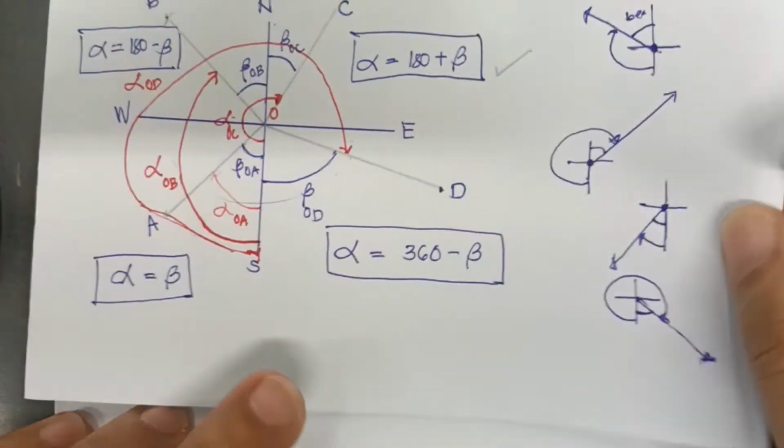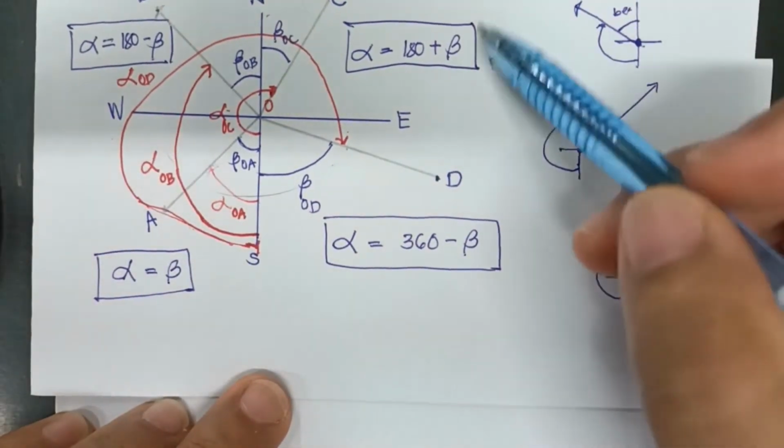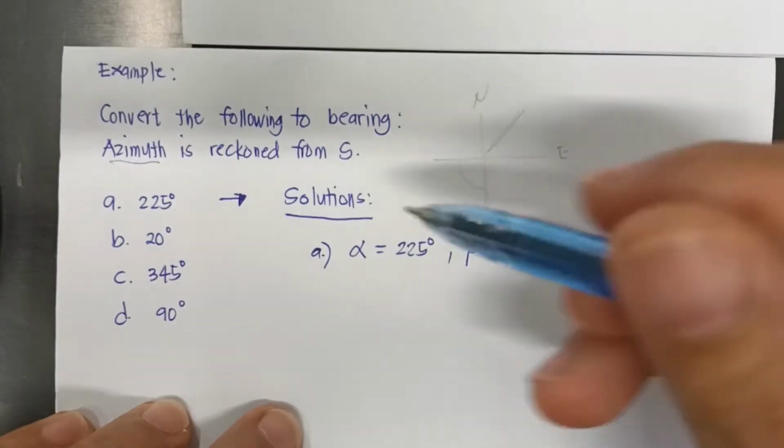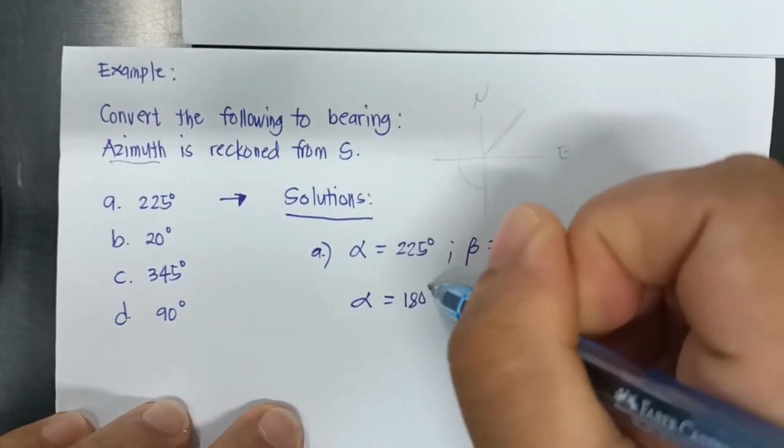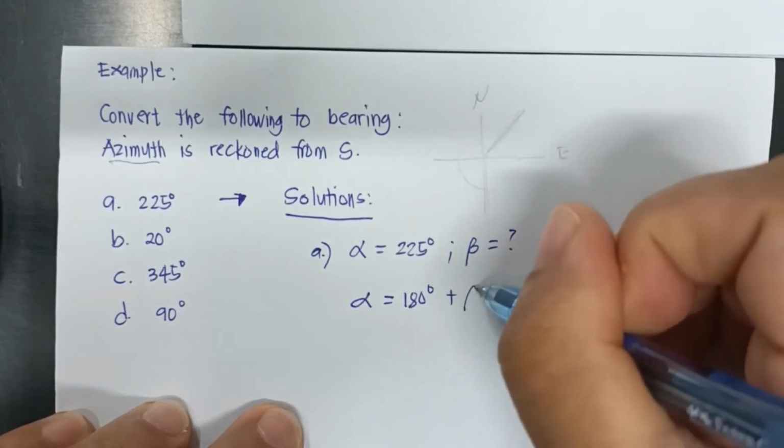Using this relationship again, alpha is equal to 180 degrees plus beta.